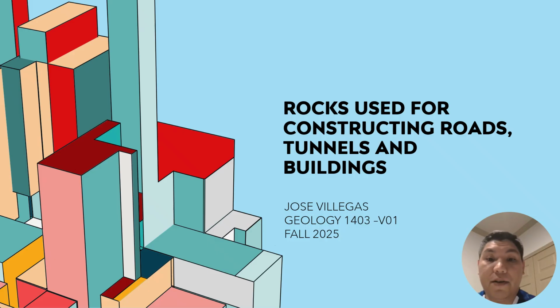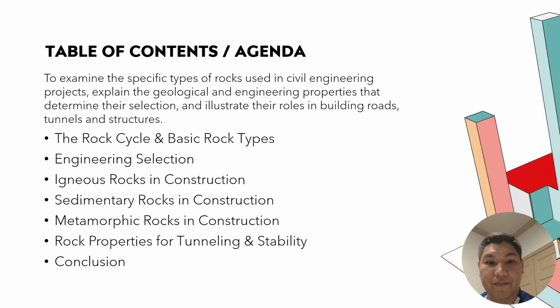My presentation is going to be rocks used for constructions, roads, tunnels, and buildings. For the table of contents and agenda: to examine the specific types of rocks used in civil engineering projects, and explain the geological and engineering properties that determine their selection.